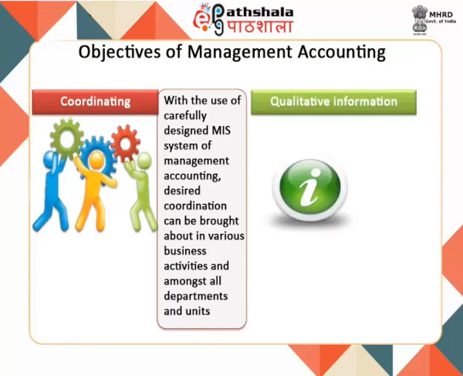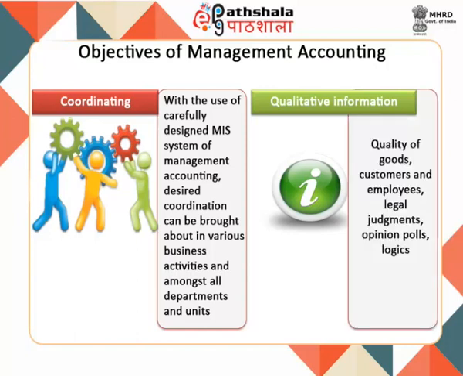Qualitative information. Management accounting provides qualitative information which helps in taking better decisions. Quality of goods, customers and employees, legal judgments, opinion polls, logics are some of the examples of qualitative information supplied and used by the management accounting system for better management.